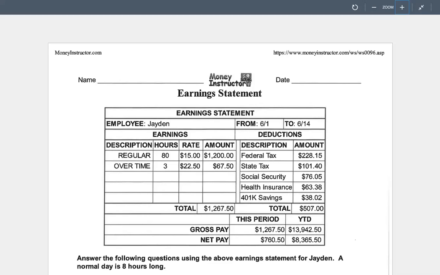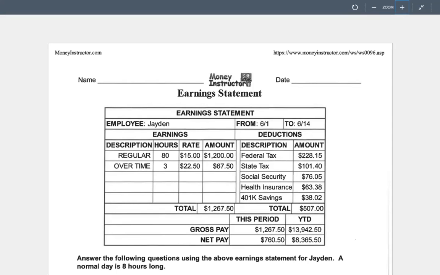40 hours a week, Sunday through Saturday, or Monday through Sunday, or however they count their week. A regular week, whatever 7 days they count, is 40 hours, a typical work week. Okay, that's regular, 40 hours a week.